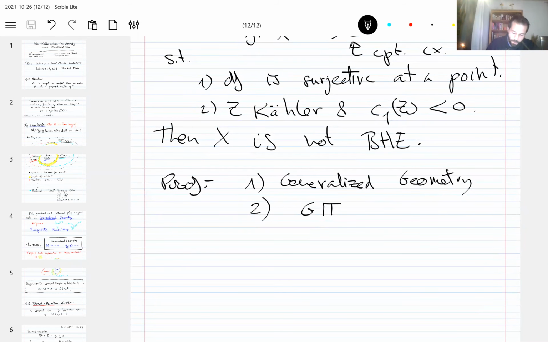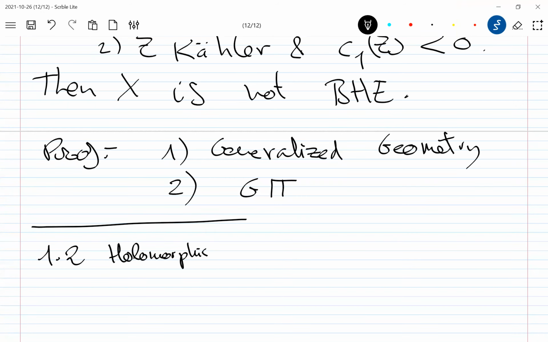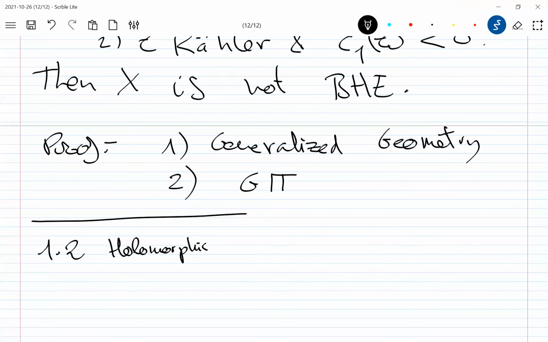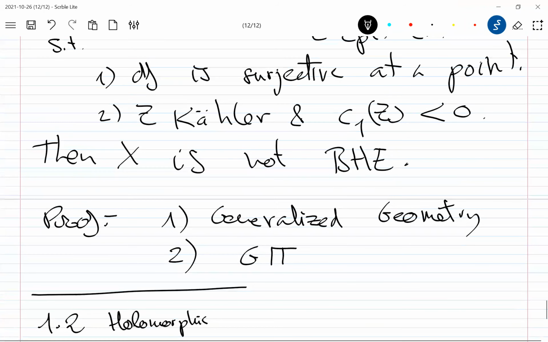Okay, so let me go then to the second part of my talk, which is holomorphic Courant algebroids. Sorry, can I ask a question? Sure, yes. So, what is an example of this situation where we have c1 zero over a base of negative c1?